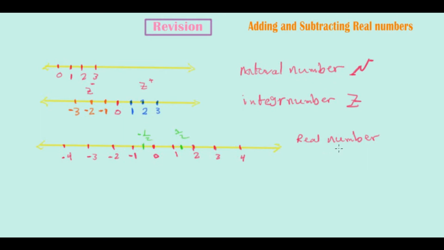So the set of real numbers contains all numbers. We have 0, and on the right of 0 we have positive numbers and also positive fractions, and on the left of 0 we have negative numbers, and between each two numbers we have an infinite group of negative fractions and decimals. So that's what we learned before.